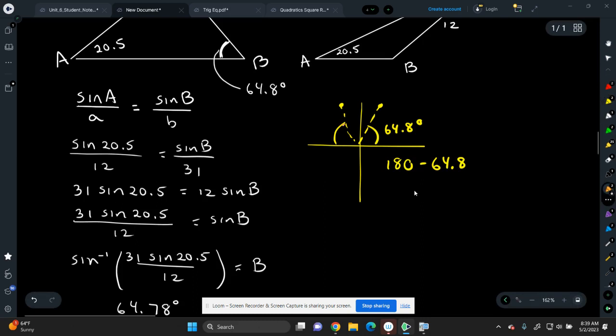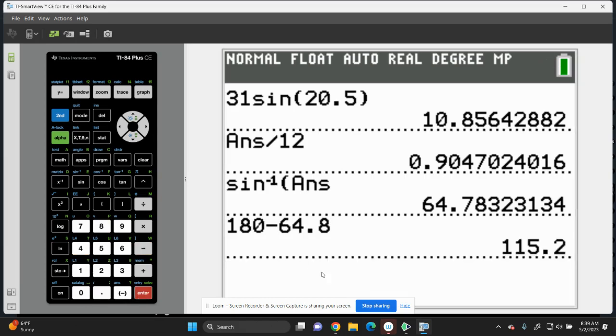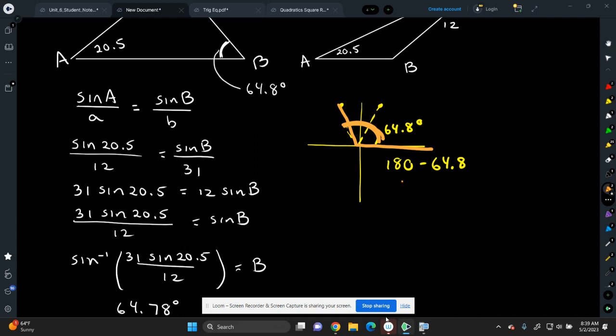That's going to give me this angle. I'm looking for this angle right here now. Does everybody understand that? This was my reference angle of 64.8, which means I'm actually looking for that angle right there now. So we're going to do 180 minus 64.8, which gives us 115.12.